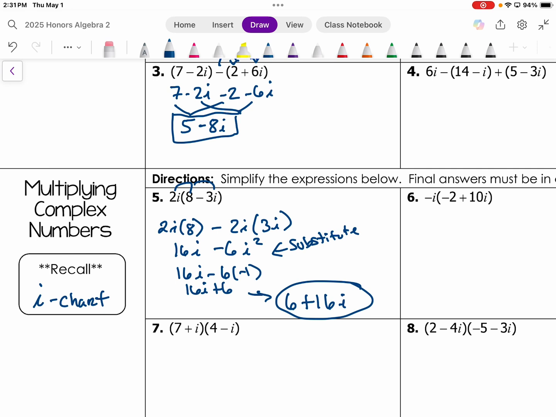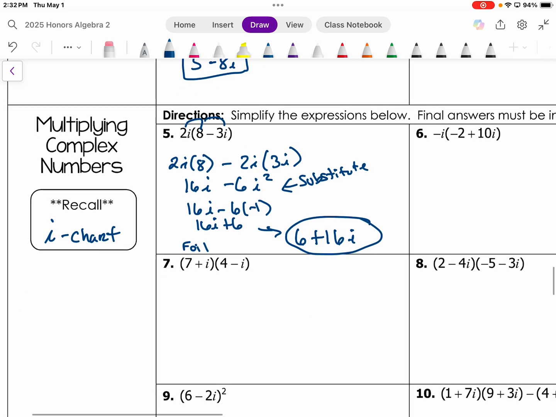There's no limit to the type of problems we can come about doing here. Here we can go through our little FOIL process. So 28 minus 7i plus 4i minus i squared. That gives me 28 minus 3i minus i squared.